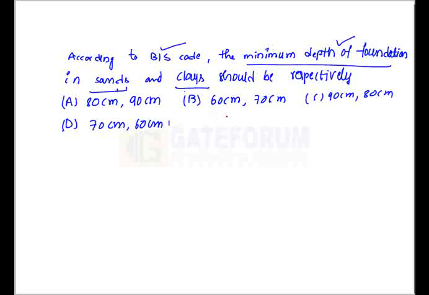So option C and D can be ruled out from these four options. In this, as per BIS code, the 80 centimeters and 90 centimeters are minimum depth of foundation for sands and clays. So option A is correct.